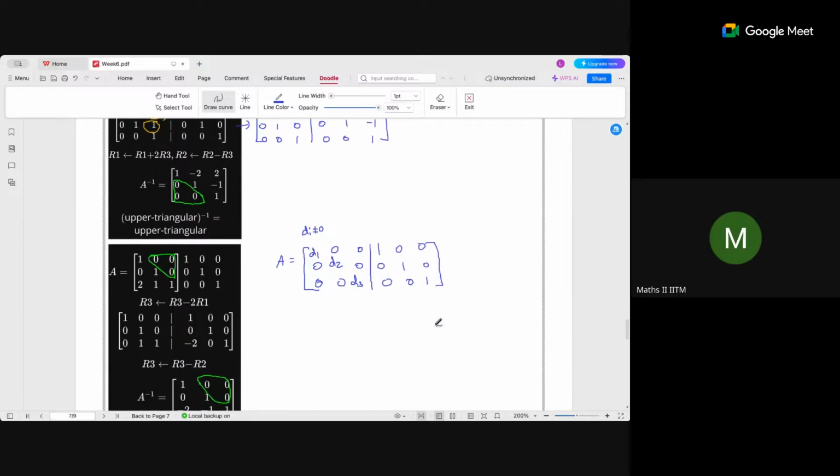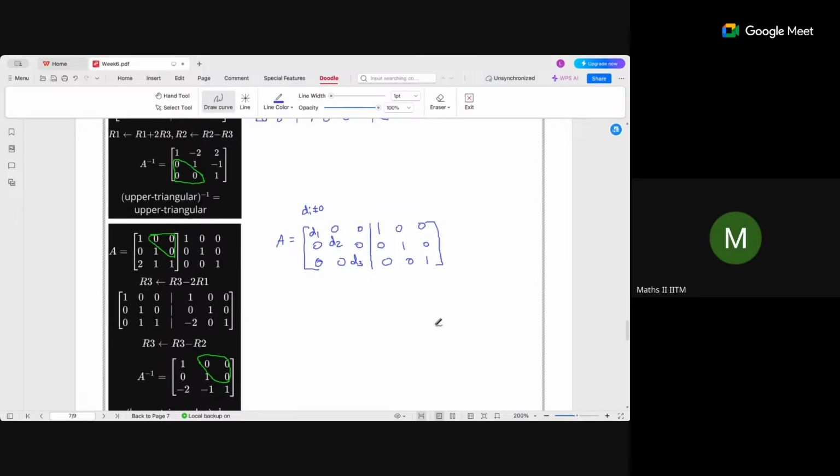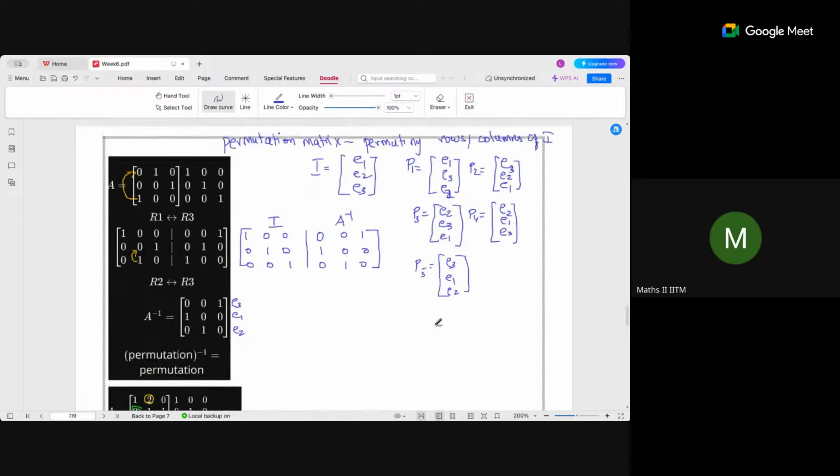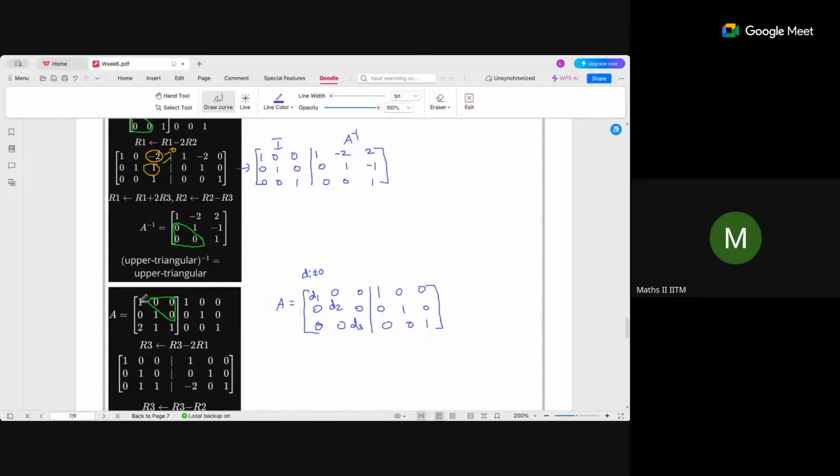Usually, what is the first thing we see? You want this entry to be 1. Here it is already 1. Here also it's already 1. So how will you make the first entry 1 here? Dividing by d1. Yes. So R1 replaced with R1 by d1.